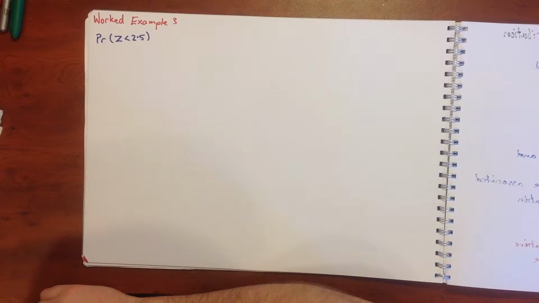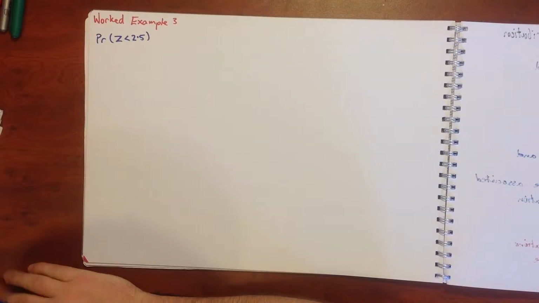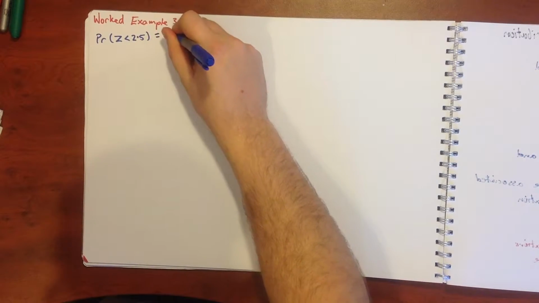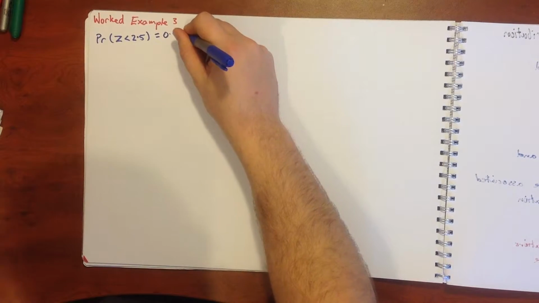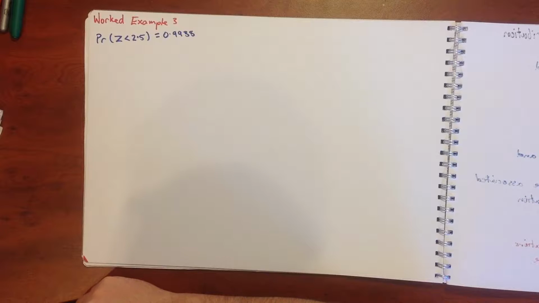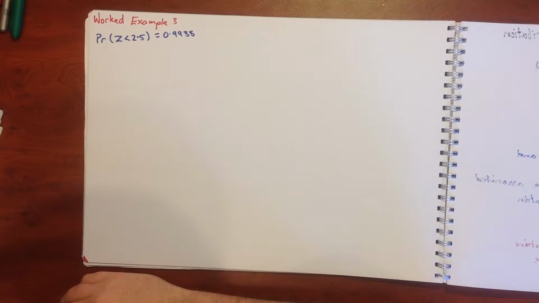So for this one we would simply use a CAS calculator, and we would find that this equals 0.9938, for being below 2.5. By being below, you just need to make sure your tail's set to the left.